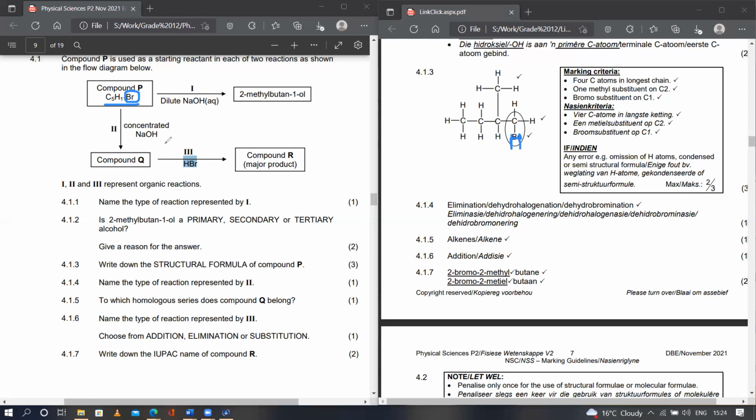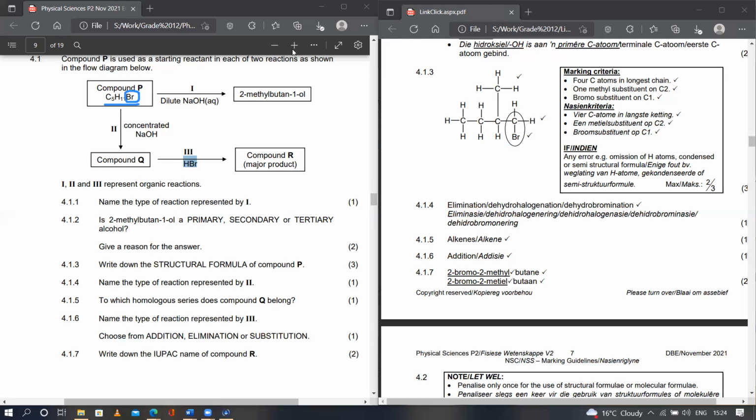So they say, to which homologous series does compound Q belong to? So if you look at this, but now since it'll no longer have the bromine, it changed from a haloalkane to an alkene.